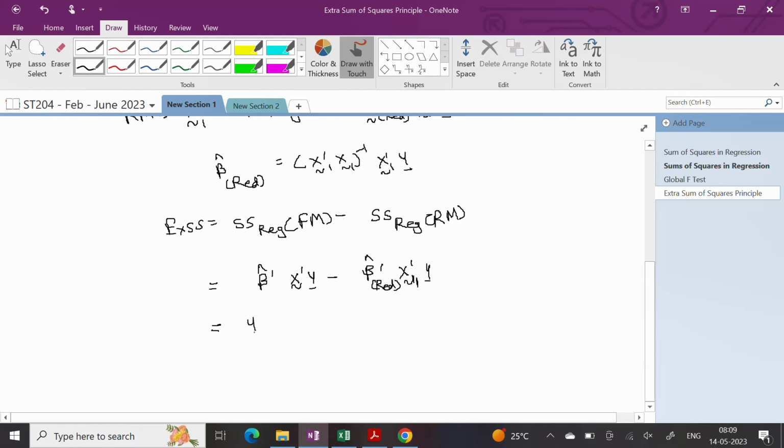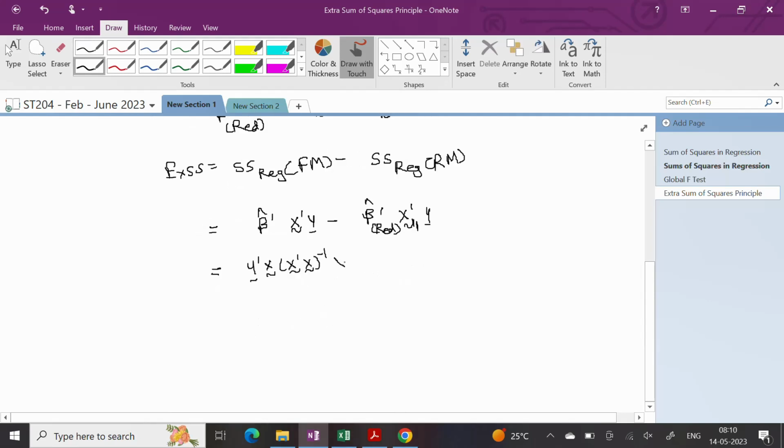So the prime of that will be y prime X, then (X prime X) whole inverse is symmetric, so it stays as it is. So I have this X prime y as it is. Beta hat prime reduced will be y prime X1, then (X1 prime X1) whole inverse, and then X1 prime y.